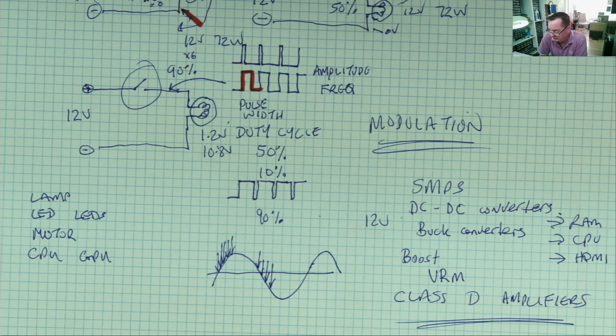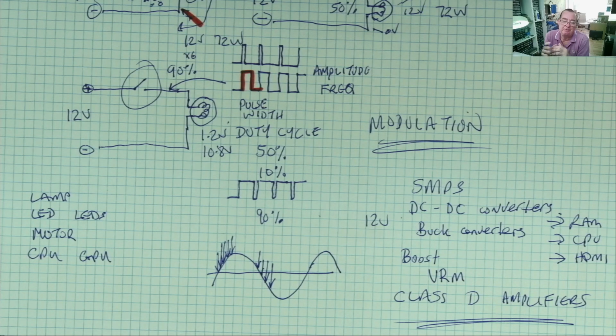Now, you may think that pulse width modulation is a digital process. But in actual fact, pulse width modulation has been around for a very long time, much longer than we've had microcontrollers, for example things like Arduino boards and various other embedded microcontrollers.